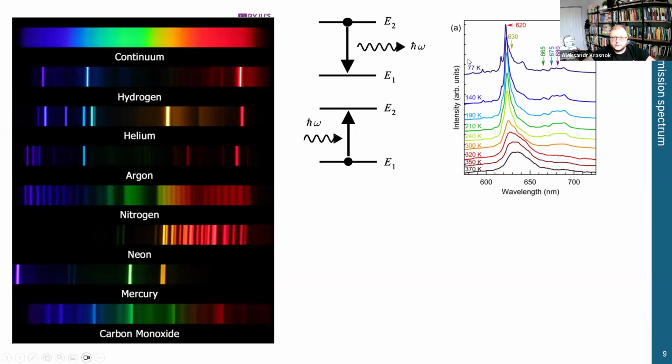So for example, in this picture you can see a spectrum, just like the one we got in the lab, as a function of wavelength and intensity. At room temperature, this red curve, you see it's wide, it's broad. But as we cool down the system, for example to 77 Kelvin, which is already very cold, you see how this emission line gets narrower and appears like a spike.